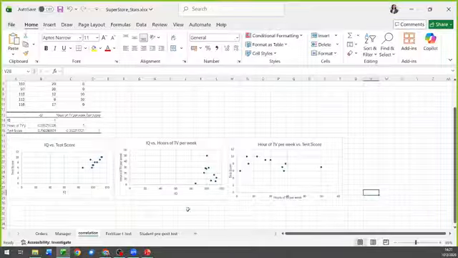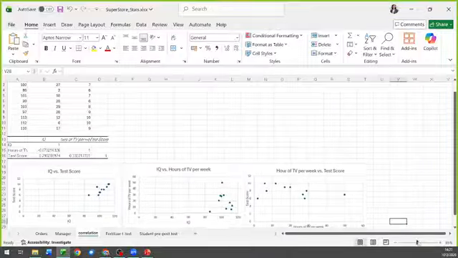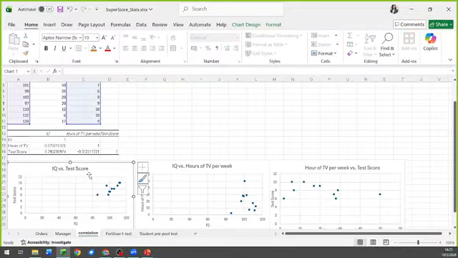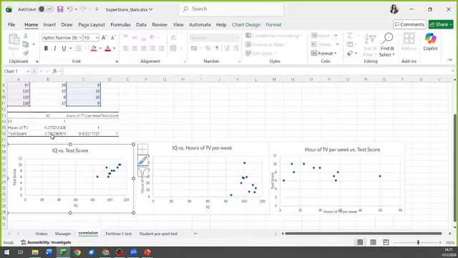So let's see what happened. You can see that this pair, these two variables, are highly positively correlated, 0.8. You can see that it goes like this.